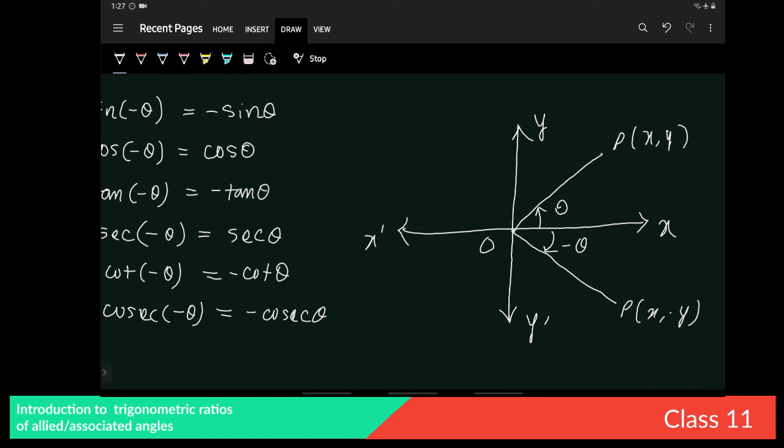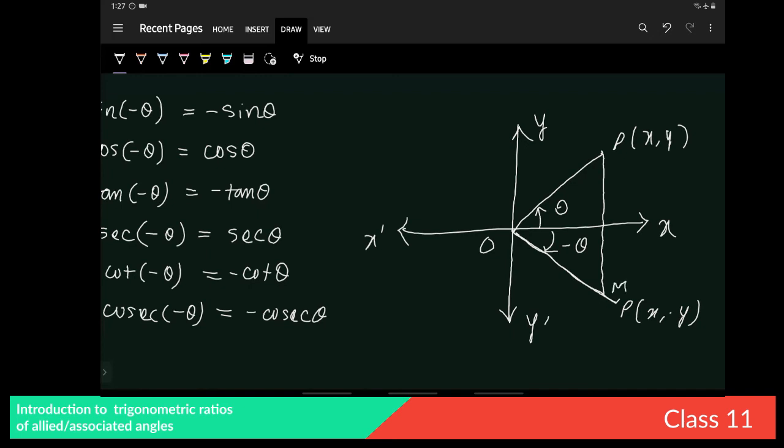So this line is making an angle of minus theta with the positive direction of x-axis. If I join these two lines, suppose I write this intersection point as m.